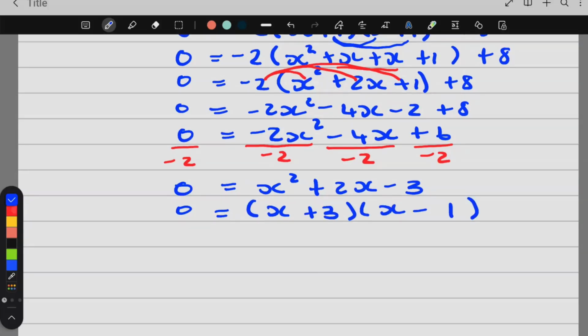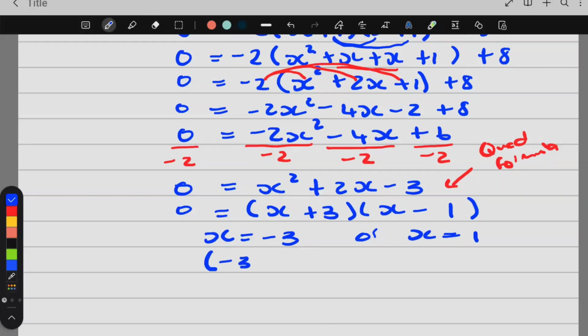And remember, grade 11s, you can also use the quadratic formula to solve this equation. So my final answer is x is equal to negative 3 or x is equal to positive 1. So my x-intercepts are negative 3 make y 0 and 1 make y 0.